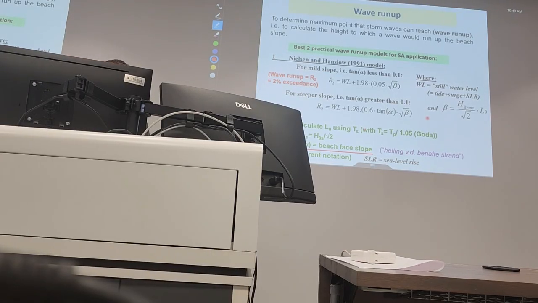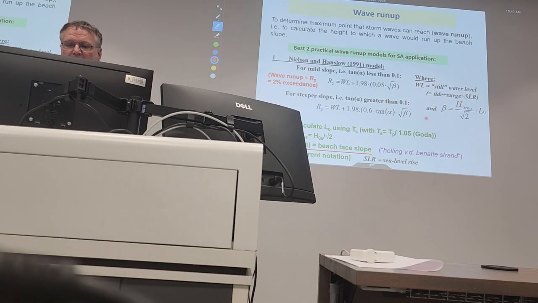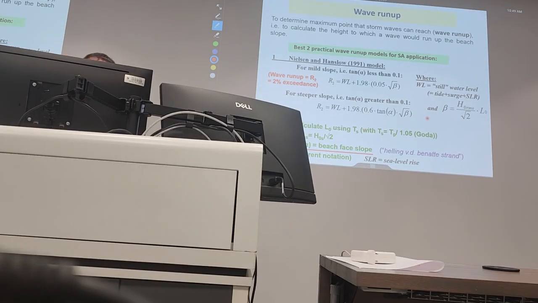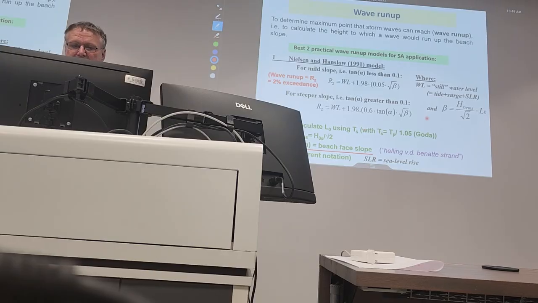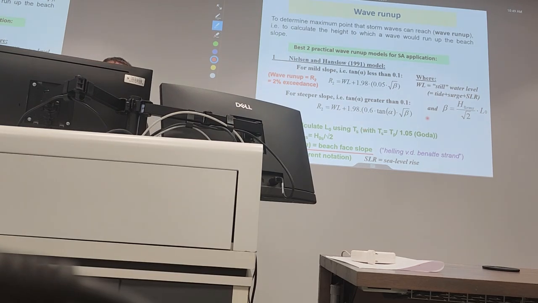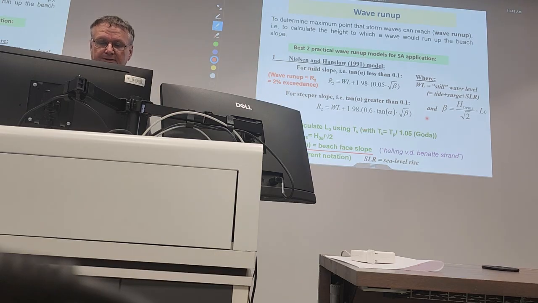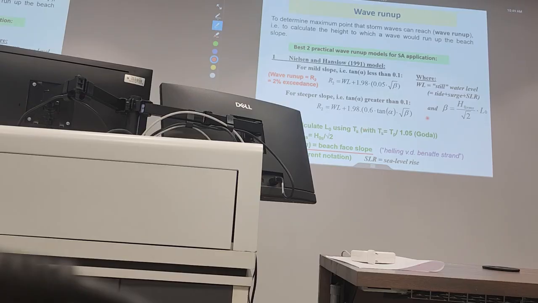Now your beta value, that is your H0 root mean square, so that's basically your variance of H0 divided by the square root of 2 times L0. When you go to the steeper slopes, that 0.05 changes to 0.6 times tan alpha. So now we take into consideration what's happening with the slope. The moment we get to greater slopes, we take into consideration the function of the slope.